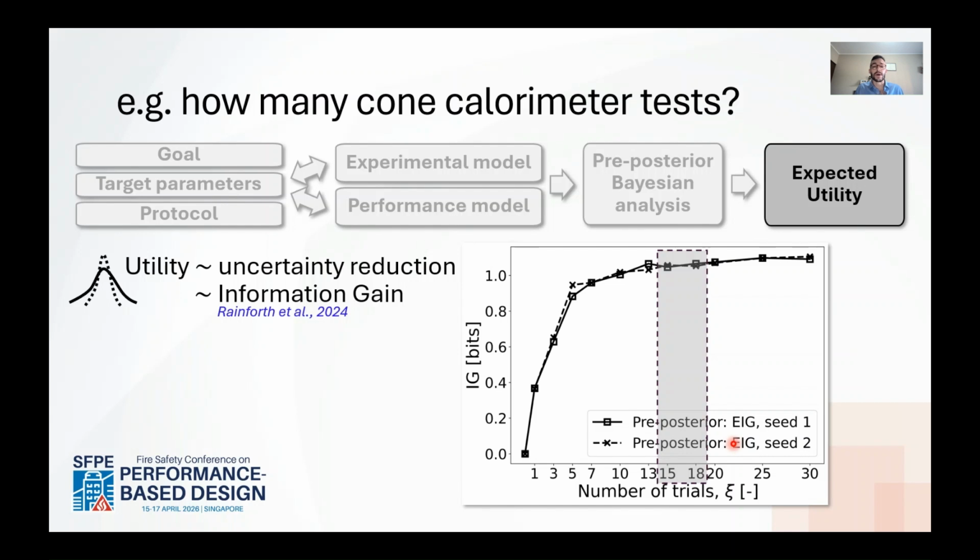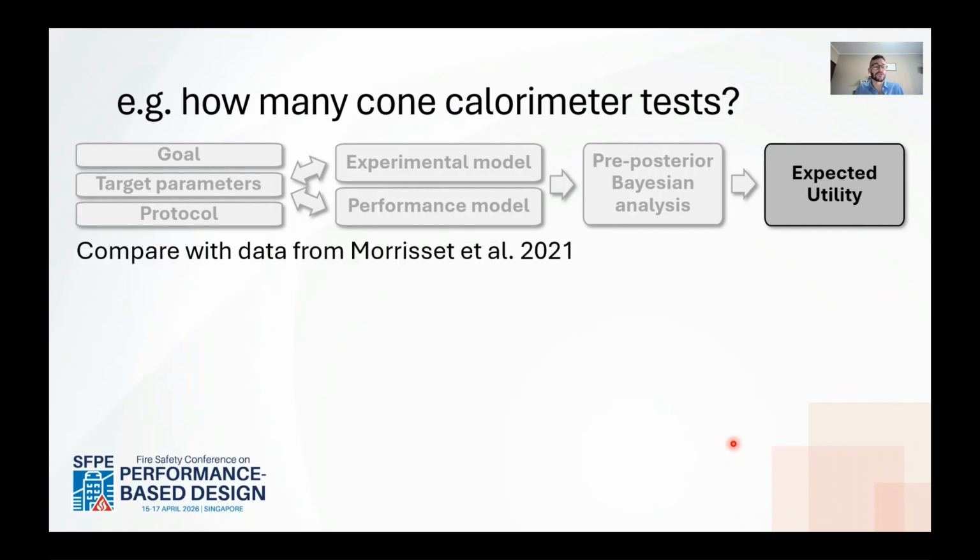Up to now, we remained in the domain of pre-posterior analysis, meaning we have done all this in the assumption of being before doing the test. So the question may arise of how does this compare to what we obtain if we actually test? And to check that, we took some data from the literature.